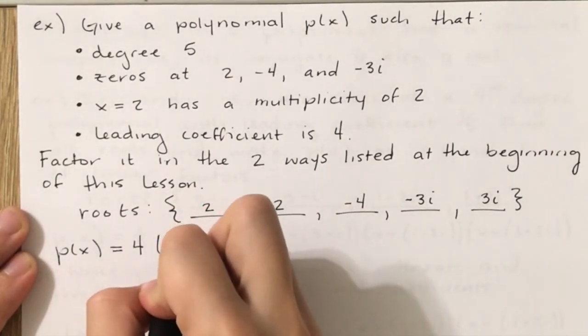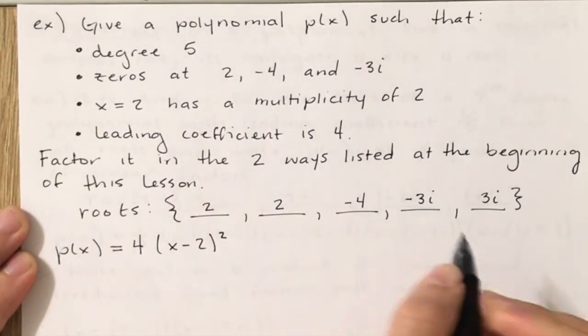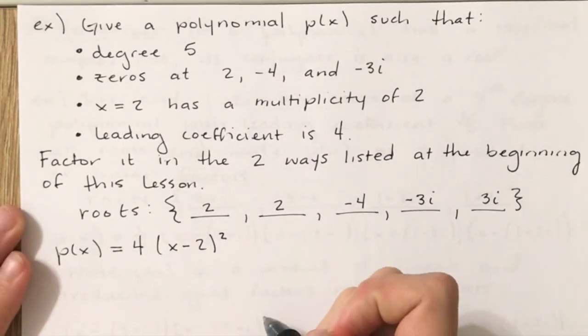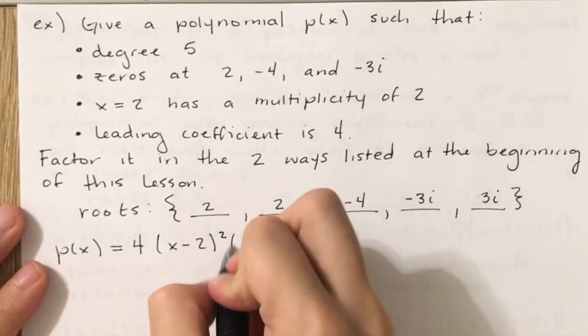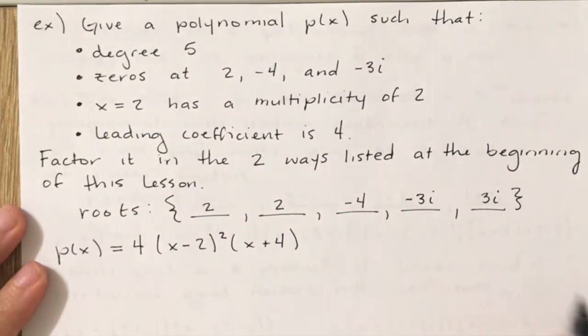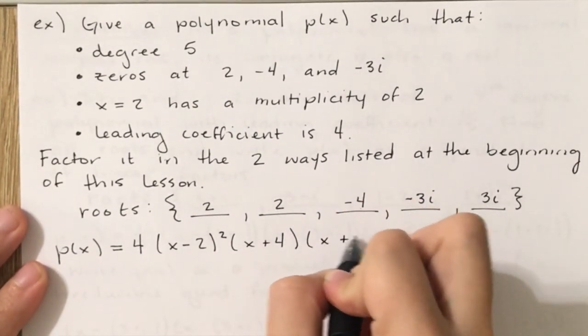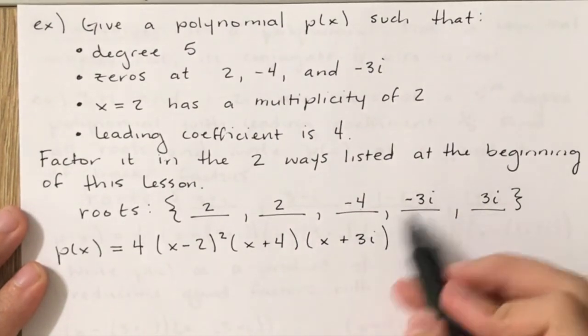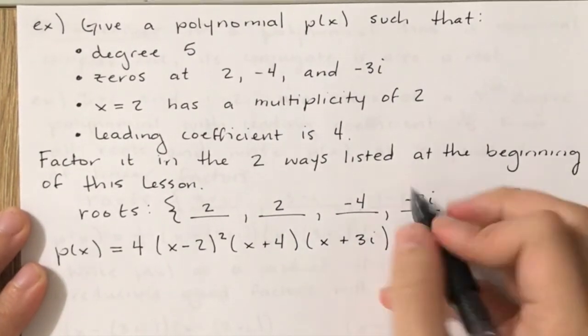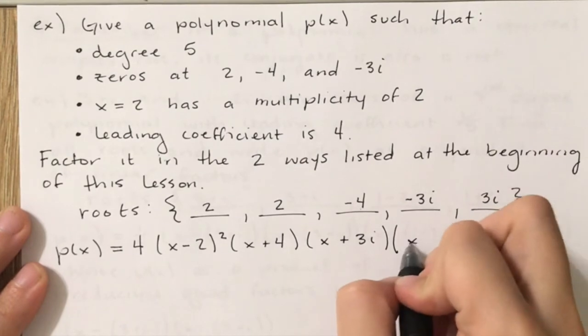Then we have x minus 2 with a multiplicity of 2, so exponent 2. Then our next factor of x plus 4. Then x plus 3i, since x minus -3i is x plus 3i. And then x minus 3i.